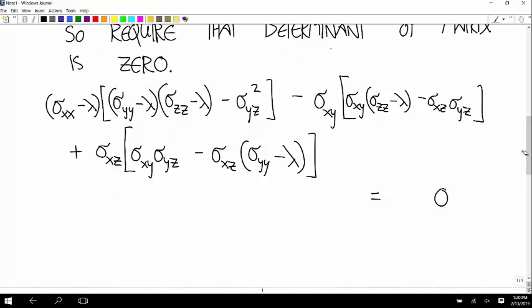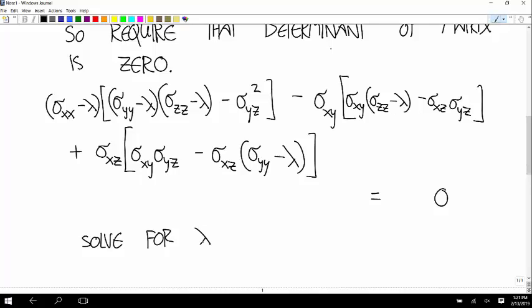So this is a single equation. The variable we're solving for is lambda. So what kind of equation is this?